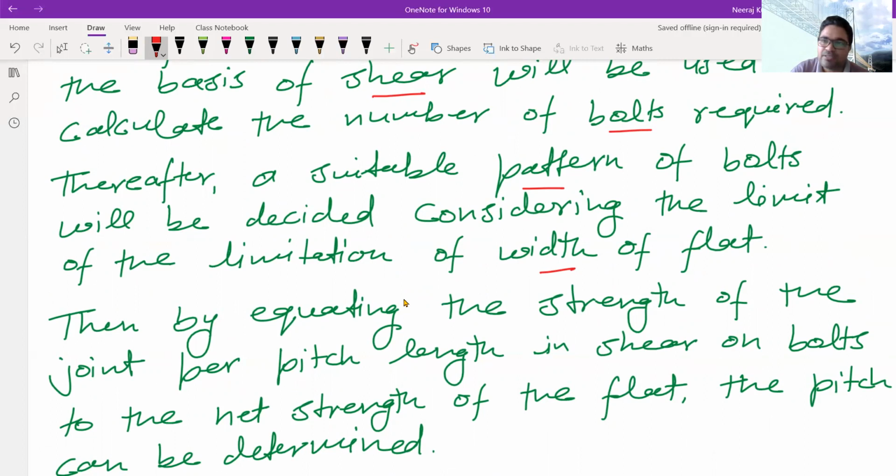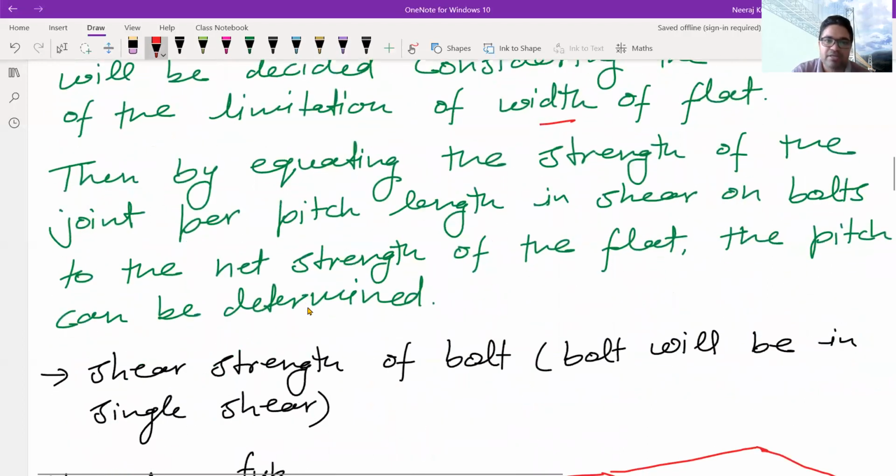After that, to calculate the pitch, we will equate the strength of the joint per pitch length in shear on the bolt to the net strength of the flat, and the pitch will be determined. This is what I have written here. Now I will show you how we are doing it.